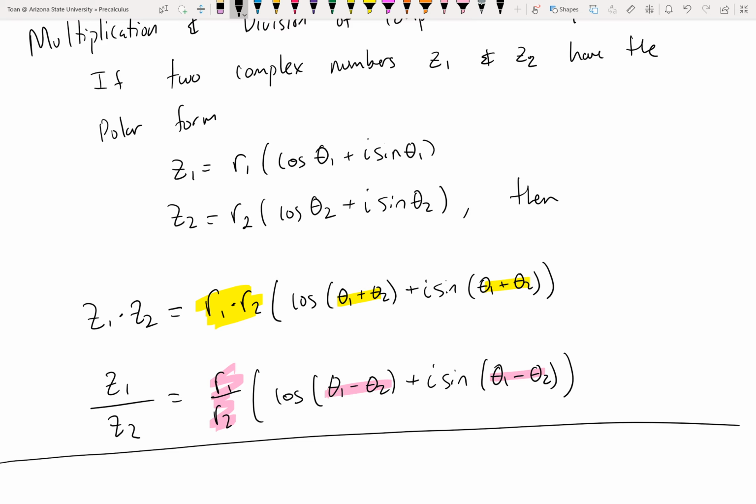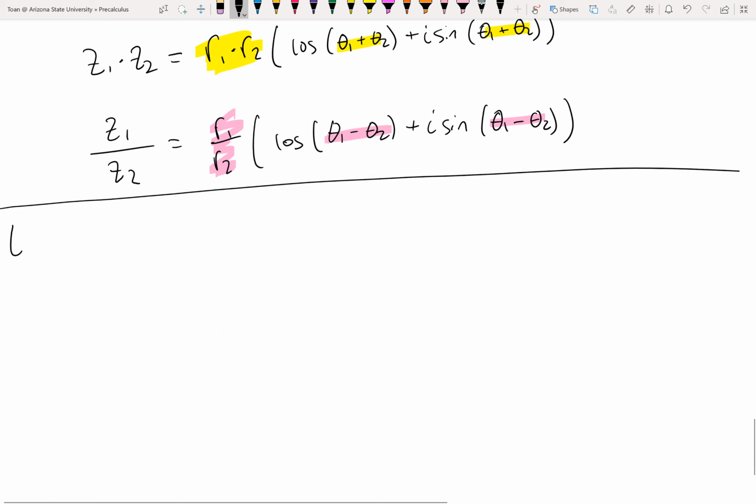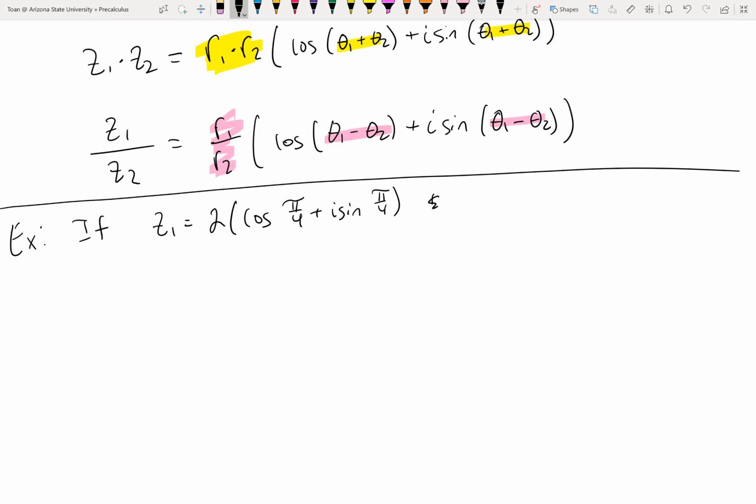So let's just do a quick example. If, I don't know, z sub 1 equals, let's just make up some complex numbers in polar form, 2 cosine pi fourths plus i sine pi fourths. And z sub 2 is 5 times cosine of pi thirds plus i sine of pi thirds.